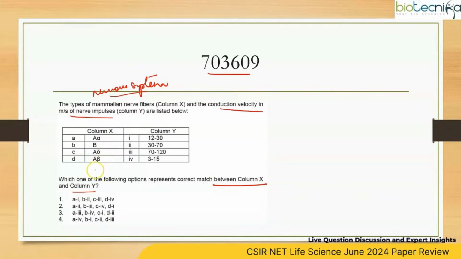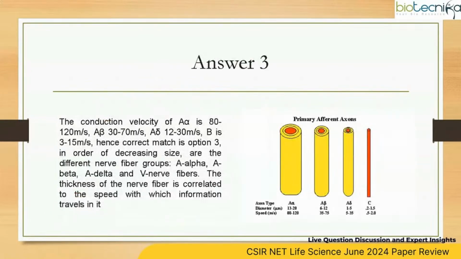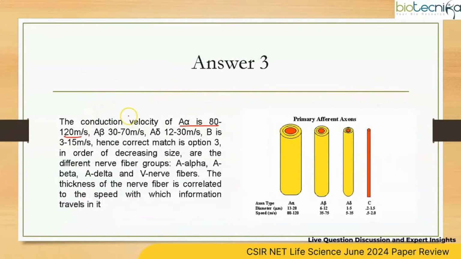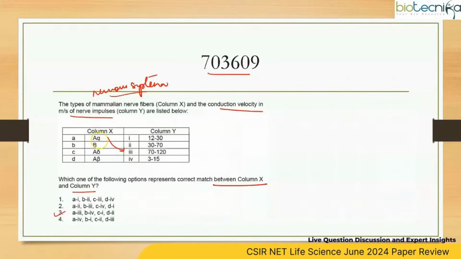The right answer for this question is option 3. Now let us see the characteristics of each of these mammalian nerve fibers and their velocity. The conduction velocity of A alpha is 80 to 120 meters per second, so A will match with 3. For A beta, it is 30 to 70 meters per second, so D will match with 2.